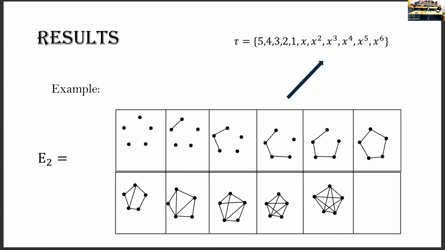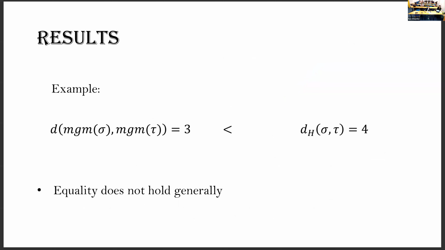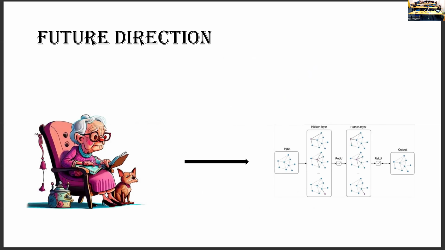So here we have a case of strictly less than, which means we can't generally say equal. That's about it with the results.